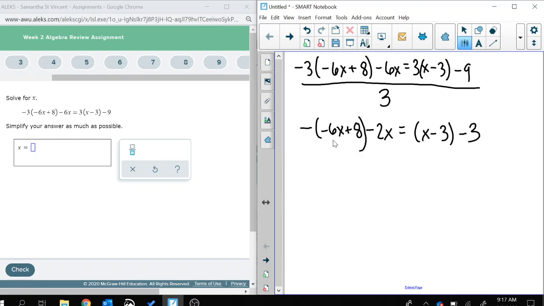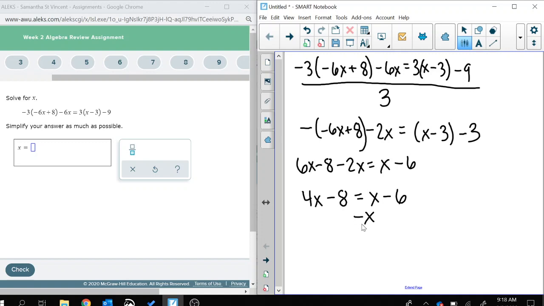So now I can distribute this negative sign, so I have 6x minus 8 minus 2x equals x minus 3 minus 3 would be negative 6. I can combine over here, so 6x minus 2x would be 4x minus 8 equals x minus 6, because I didn't do anything to that side yet.